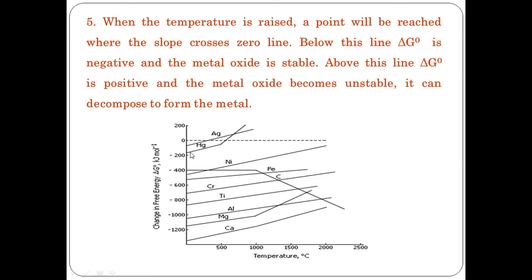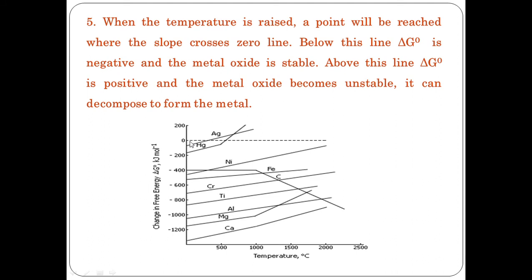The more negative it is, the more stable the metal oxide; the less negative, the less stable.